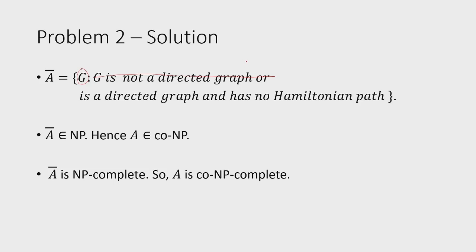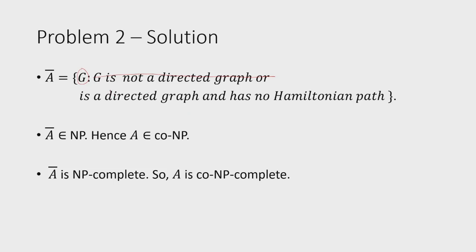So now there are strings which don't represent any graph. For example, let's say we are working with the adjacency matrix representation for simplicity. Then you know that the adjacency matrix of a graph has to be of a size that is a perfect square, because it's a matrix. If a graph has n vertices, the adjacency matrix has to be of size n squared.